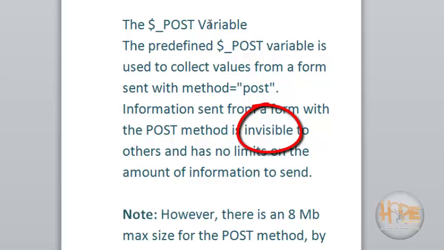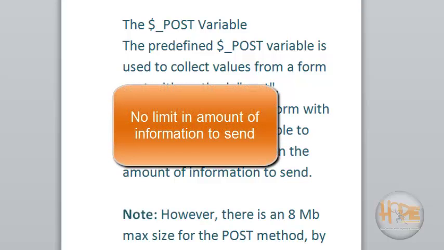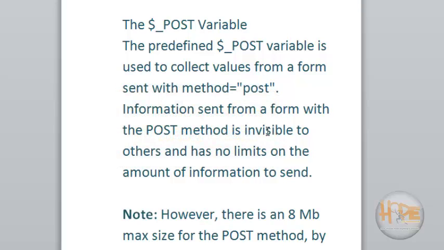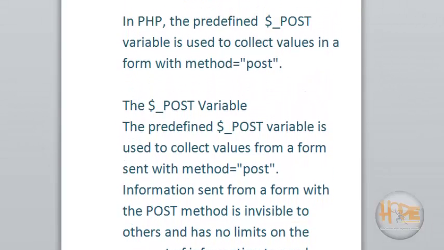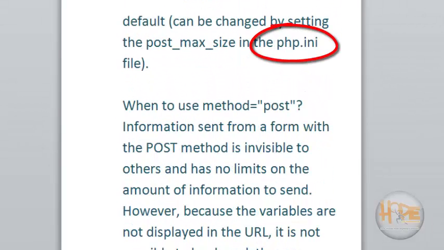This is the main difference between GET and POST methods. And the POST method has no limits on the amount of information to send. However, there is an 8 MB maximum size for the POST method by default, but you can change it in the php.ini file in your XAMPP.